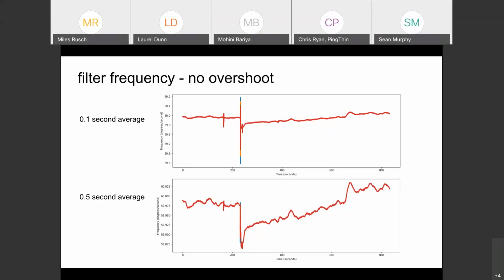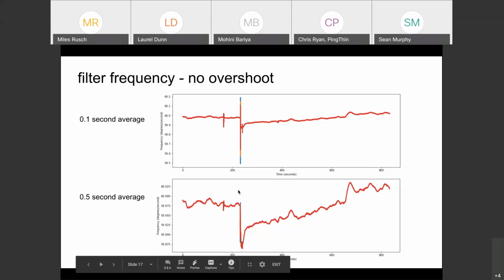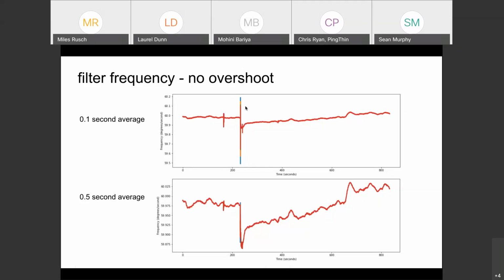But if we apply a 0.5 second average to our data, we lose the overshoot that we're seeing in the first plot, which is promising because that overshoot is likely not due to a physical process.